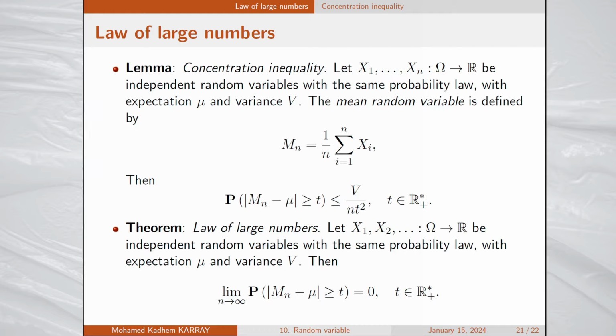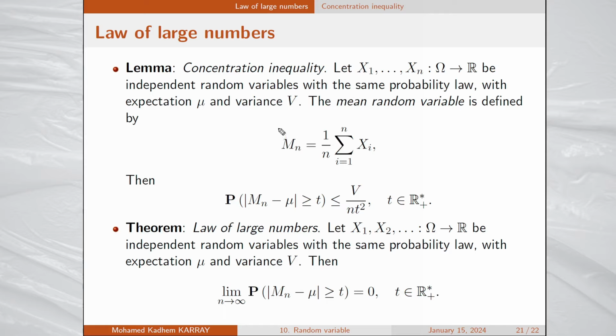The Chebychev's inequality implies what is called the concentration inequality. It may be stated as follows: let x1, ..., xn be independent random variables with the same probability law and with expectation mu and variance v.